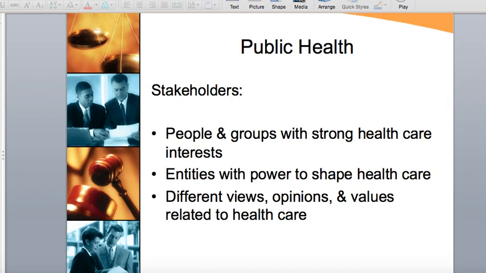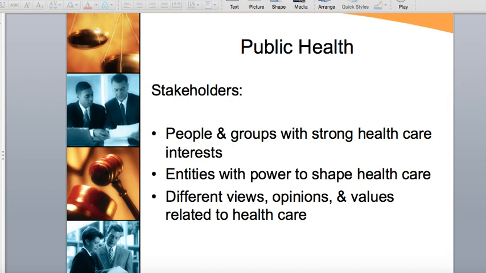And stakeholders usually have some power to shape healthcare or shape the direction of healthcare related to quality, cost, and access. And we also know that even though these stakeholders have the power to shape healthcare, they don't always agree in terms of their views related to healthcare, opinions about services, and then the values as well.